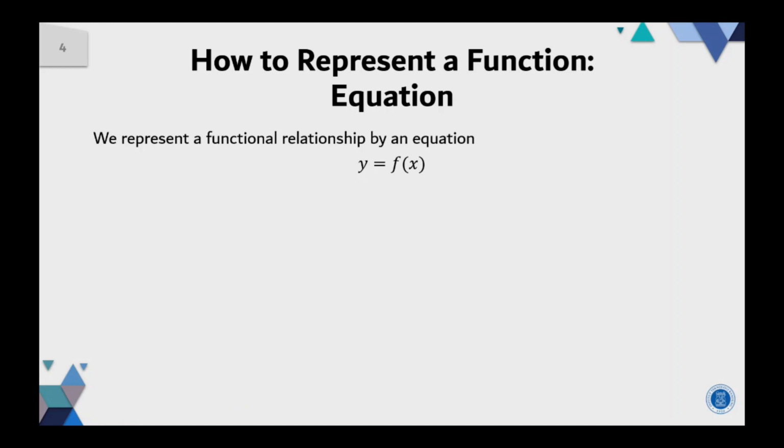We usually use this notation: y equals f(x). f is the name of the function, x is the elements of the domain, and y is the elements of the range. So this is how we write a function in terms of an equation.